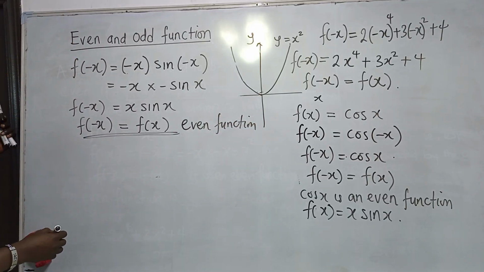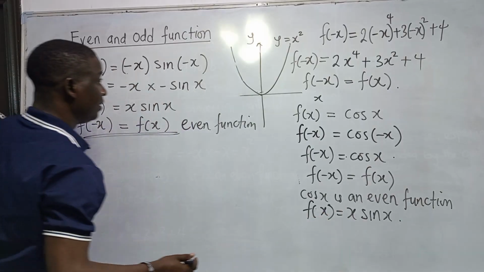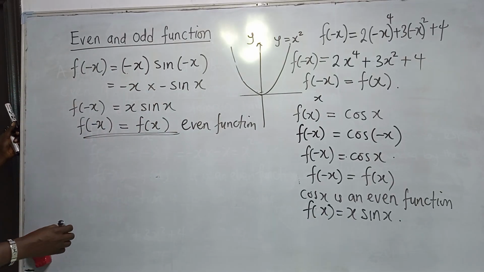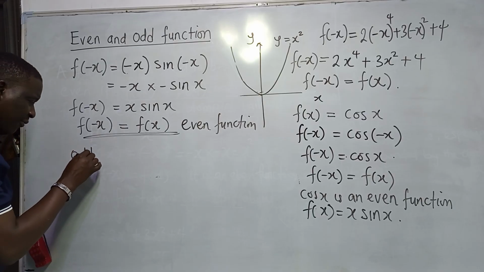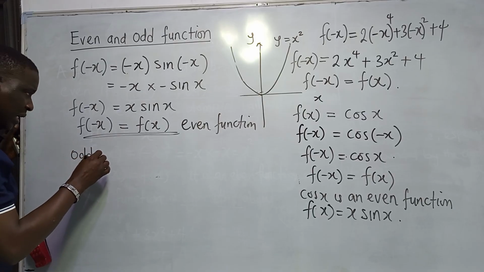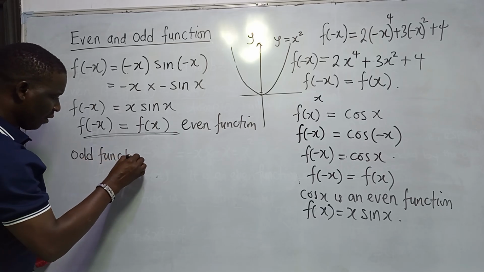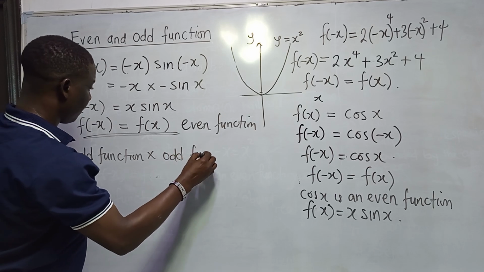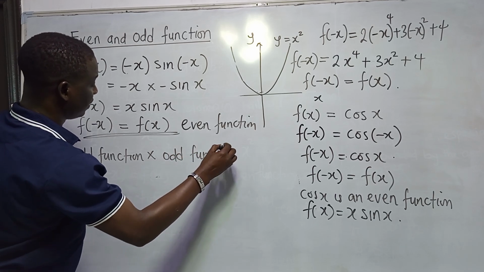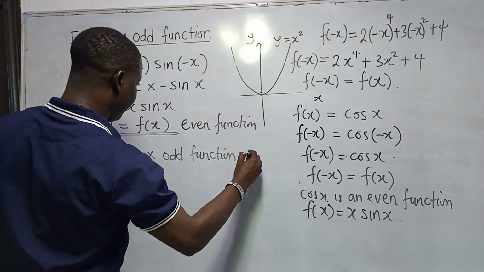So now we can notice that originally, this is odd, this is odd. We are going to see that in this same class, rather. We'll talk about odd functions. Now, I notice that whenever you have an odd function multiplied by an odd function, it gives you an even function.